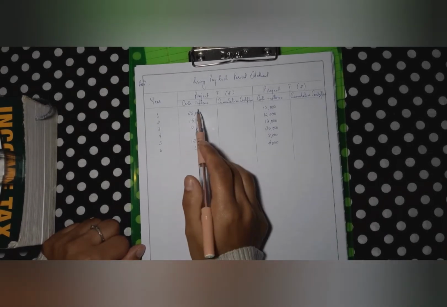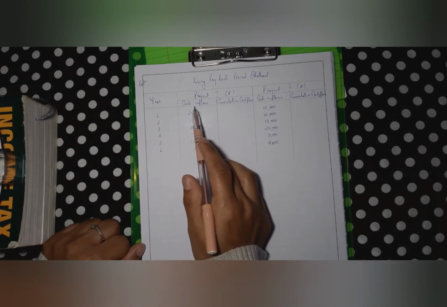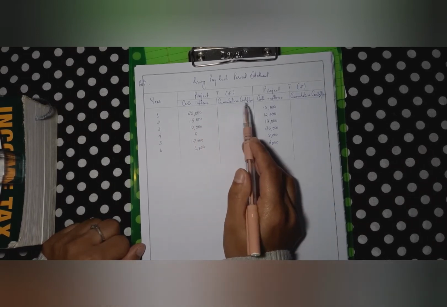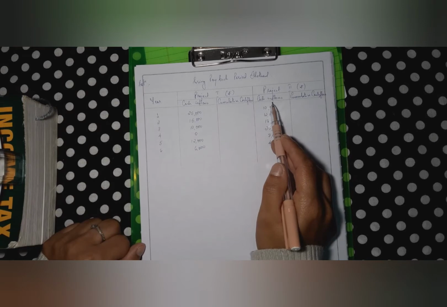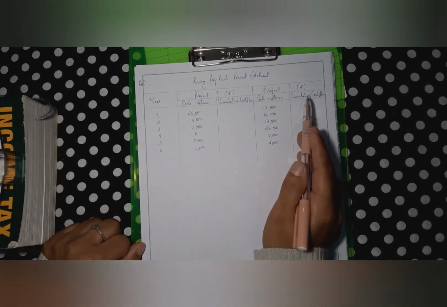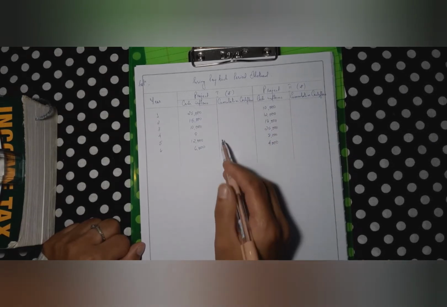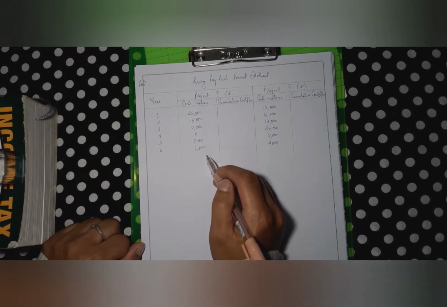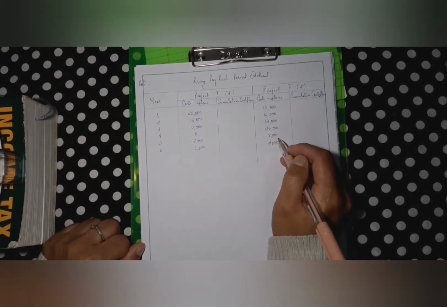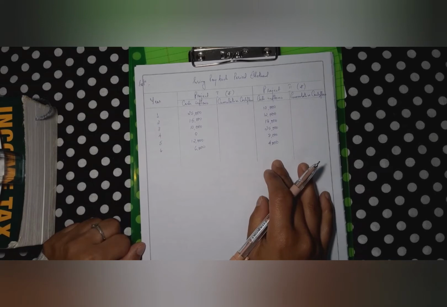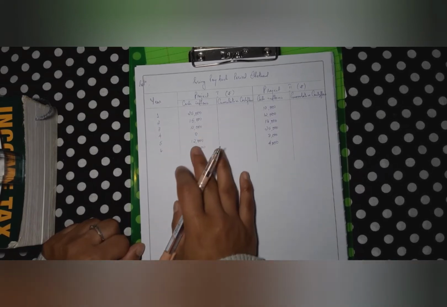Under the year column, first year to 6th year. Under project 1, it is subdivided into cash inflows and cumulative cash flow, and similarly under project 2. We've written the values as per the question: 25, 15, 10, 0, 12, 6 for project 1 and 10, 12, 18, 25, 8, and 4 for project 2 over the 6 years. So this step is done.